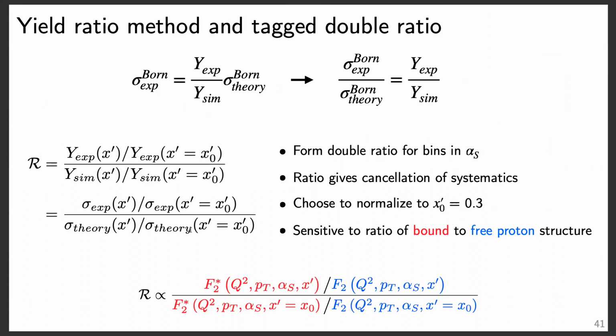So what's being shown in that ratio is our experimental yield. First of all, we're binning in alpha S. And then for a given alpha S bin, we look at the yield as a function of x prime, normalized to the yield at x prime of 0.3.